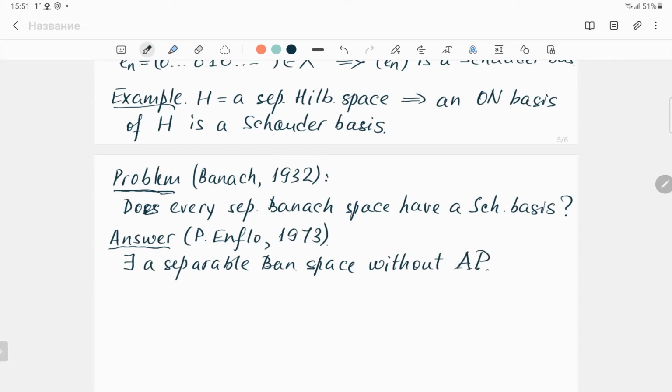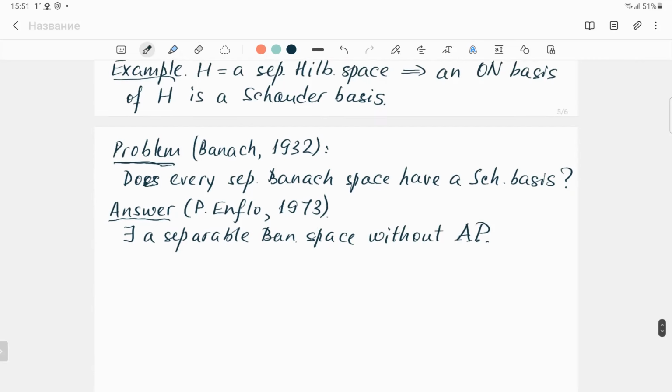And it was already known, probably this was a result due to Grothendieck, that if a Banach space has a Schauder basis, then it has the approximation property.